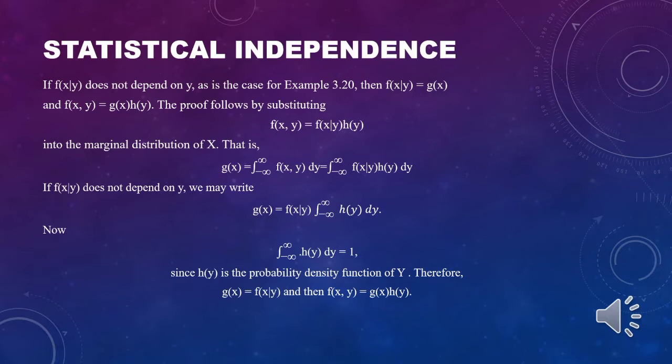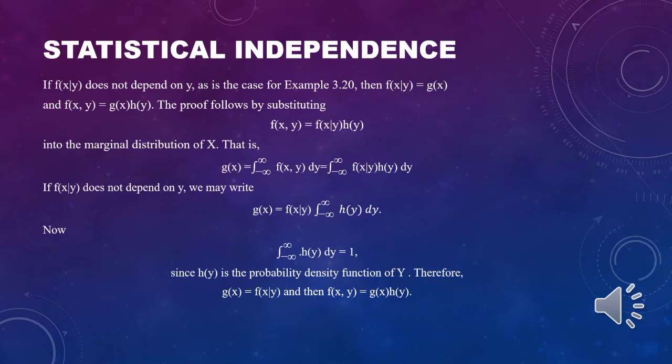Statistical independence: if f(x|y) does not depend on y, as is the case for example 3.20, then f(x|y) = g(x), and f(x,y) = g(x) times h(y).